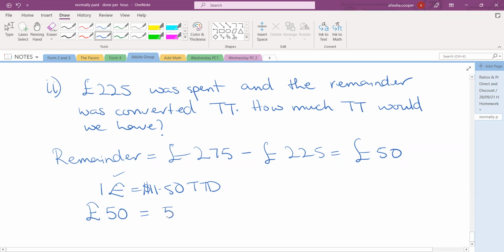So that's 50 British sterling by 11.50. Nice. So that will give us 575 TT dollars. We multiply because every 1 is 11.50, and because we had 50, we multiply it, right? It's going to increase. Very, very good.